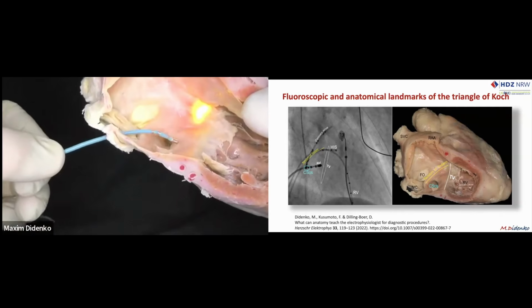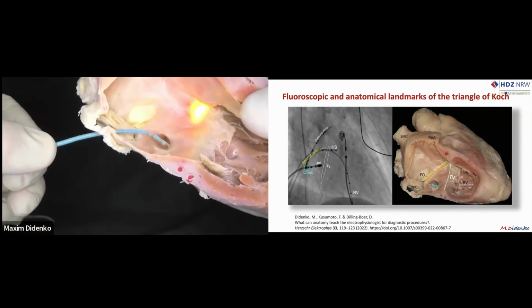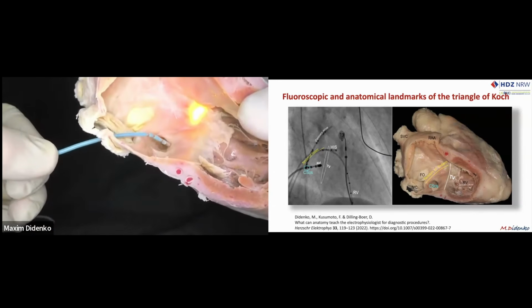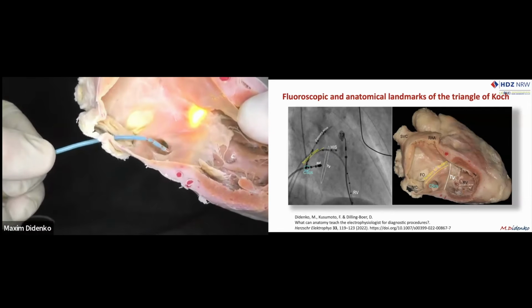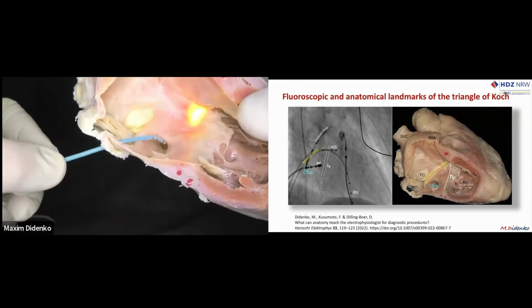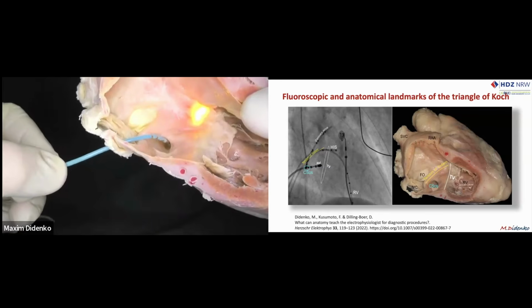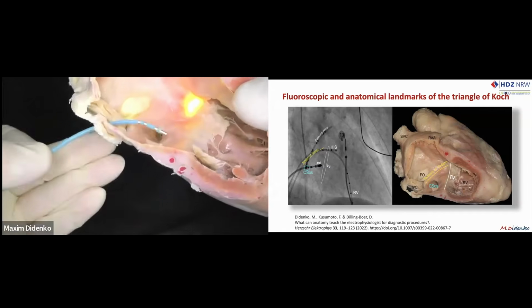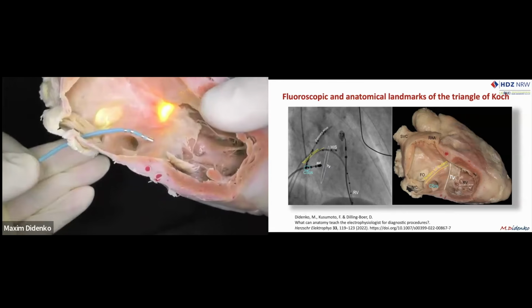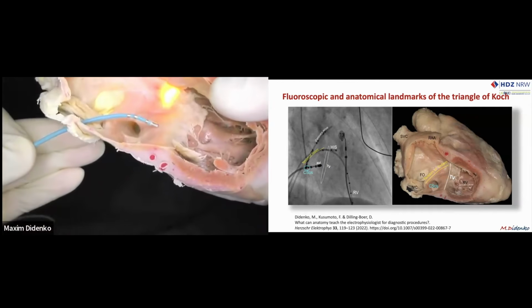Sometimes, as we already discussed, we have to go towards the coronary sinus ostium here, or even here in the mouth, so inside the coronary sinus. But in typical cases, it can be done here.